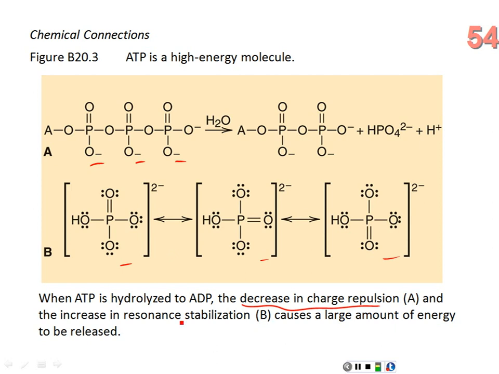When the one phosphate group's released, it can go into this resonance form, and that also acts to stabilize it. So when you take one of those phosphates off, you're getting a large stabilization of the phosphate by resonance. You're also removing the charge repulsion. That gives a large amount of energy released.